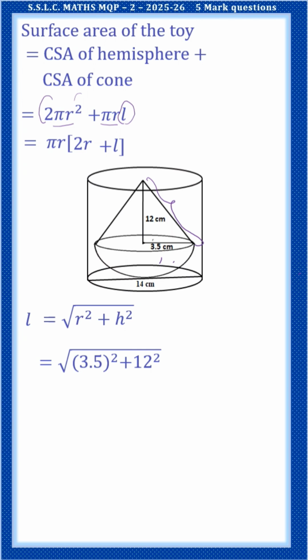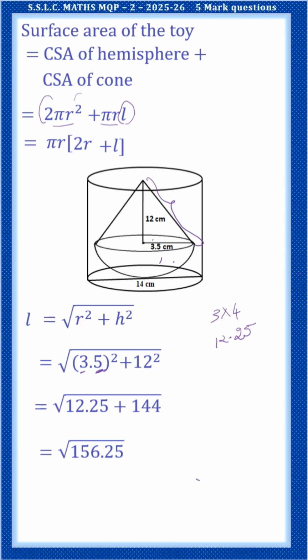If you see 5 in the units place, find the next number. 3 into 4, that is 12 point, because point will occur for two places here. If you see 5 in the units place, you have to put 25. 3.5 square is 12.25. 12 square is 144.